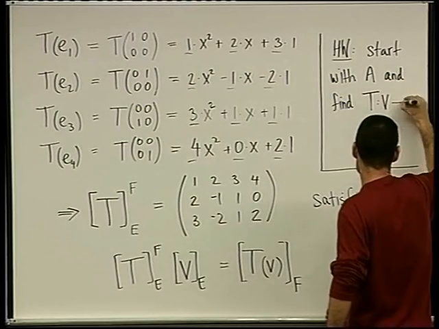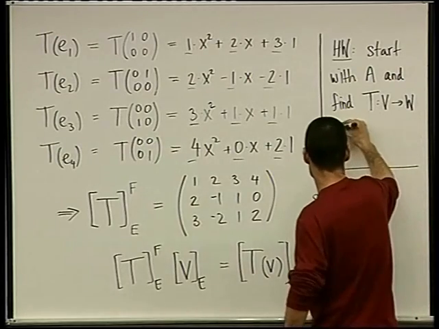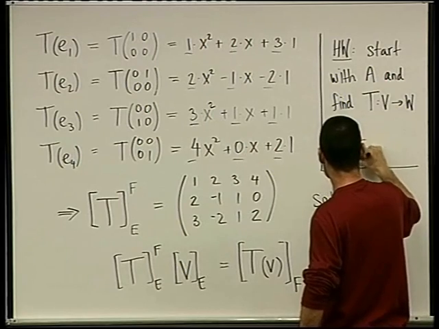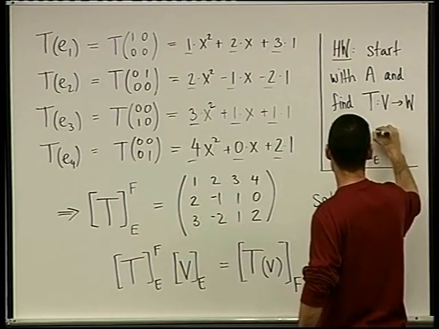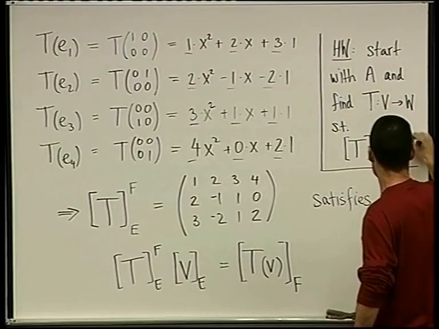Find some T from some V to some W such that the matrix representation of T with respect to E and F, where E is a basis for V and F is a basis for W, is the A you started with.